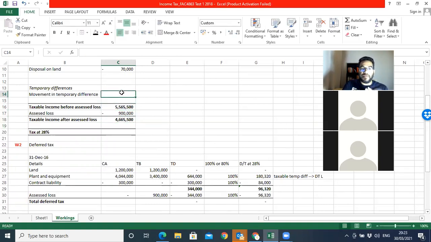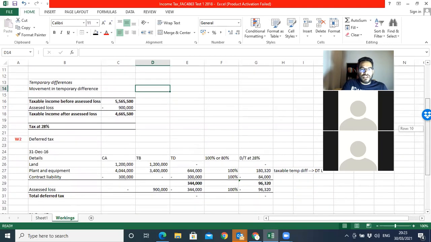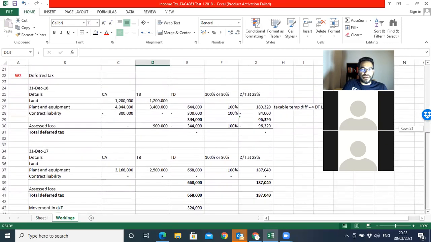Remember, I'm still going to bring my temporary difference, but I first want to ask you a few questions before I do the temporary difference. I want you just to look through this question over here. It's now 20 past. We're probably going to run about 15 minutes over.